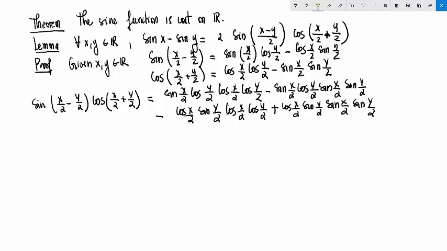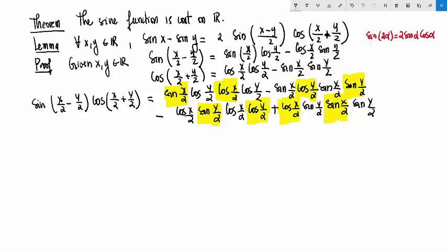Alright, now let's put these terms together. If we put these two terms together with this one and that one and this one, the following as well as the following, we recall that sine of 2 alpha is equal to 2 sine of alpha times cosine of alpha.